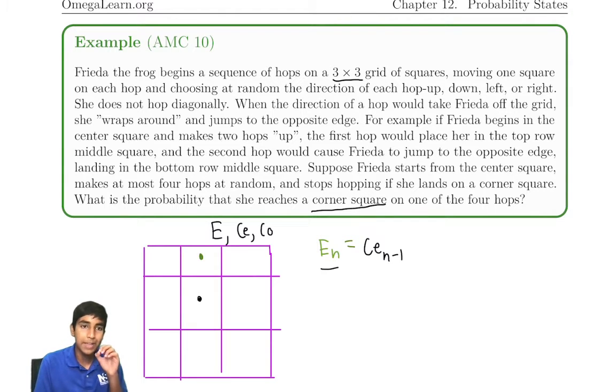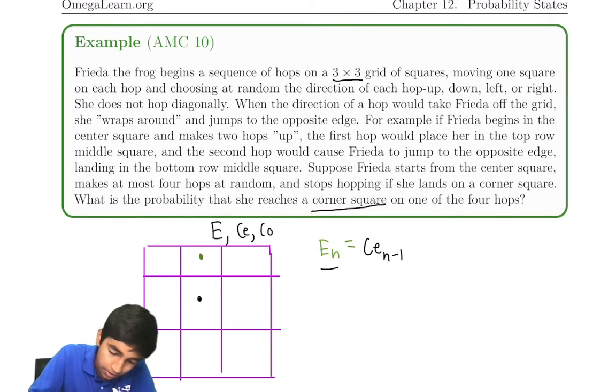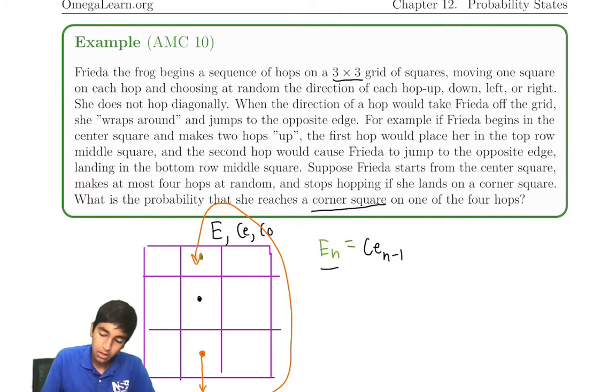But what else? Can it go from another edge to an edge? Well, how would that happen? There are no edges adjacent to this. That's where the wraparound comes in. To go down, you'll wrap around and come back to the top, another edge. So e of n minus 1, but this is not always going to happen.